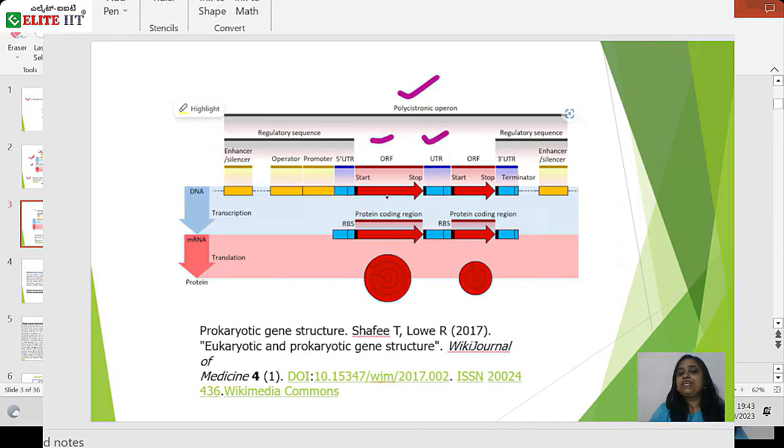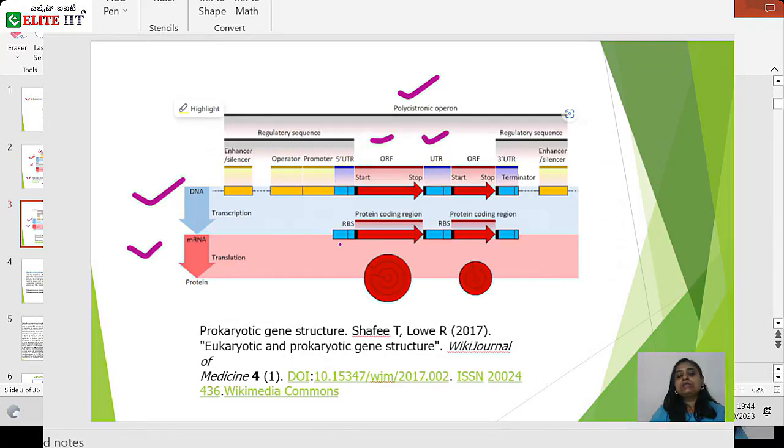But in the open reading frame of the prokaryotic system, there is no separation of intron and exon. You can consider all as exon, no intron. Directly from the DNA, transcription is done to make mRNA. So there is no pre-mRNA during the prokaryotic transcription process.